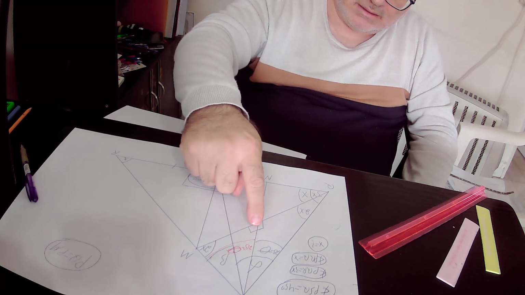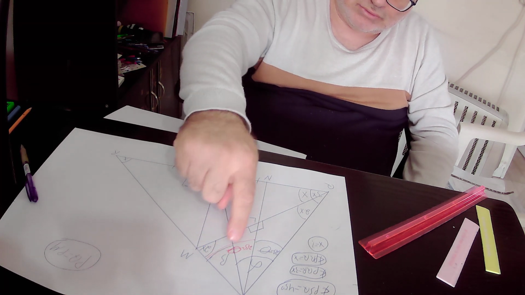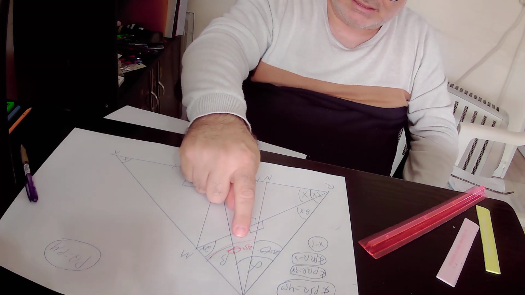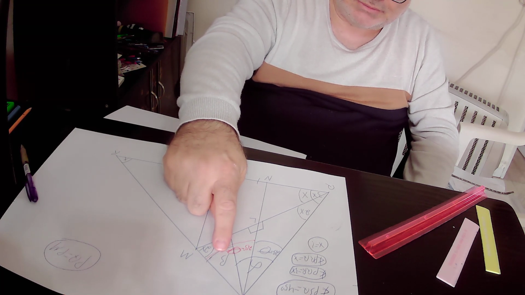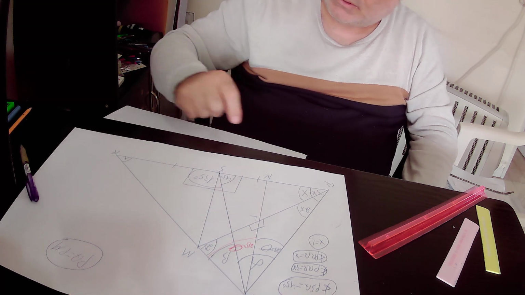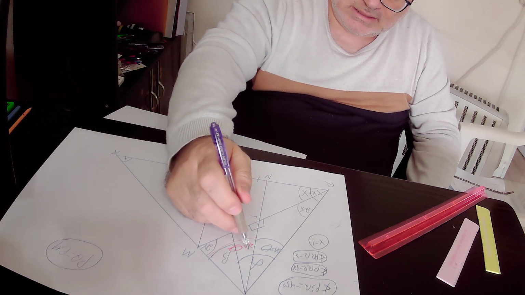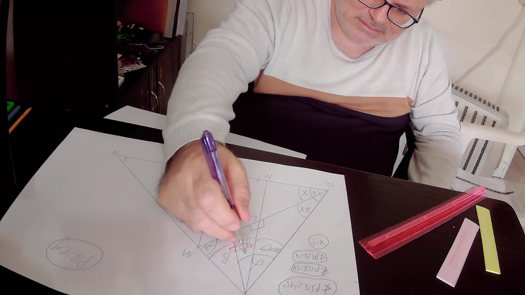Again, angle theta minus this angle, that is angle beta, equals angle NPS. So angle theta equals 2 beta, and this angle is beta, so 2 beta minus beta equals beta. So we found out that this angle, that is actually angle NPS, equals beta.